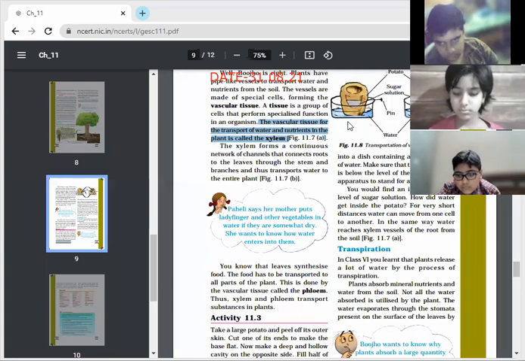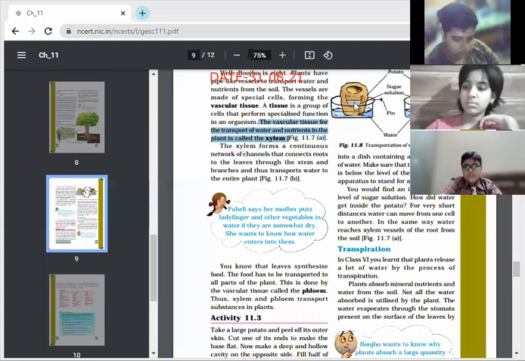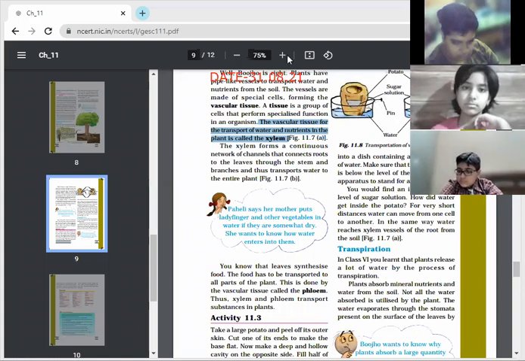And at the bottom, cut both the potatoes so that they can stand properly and we can keep them somewhere. After that, inside the potato, you have to put sugar solution. And we can't see inside, so we have put a pin. You can see easily here that we have put a pin.